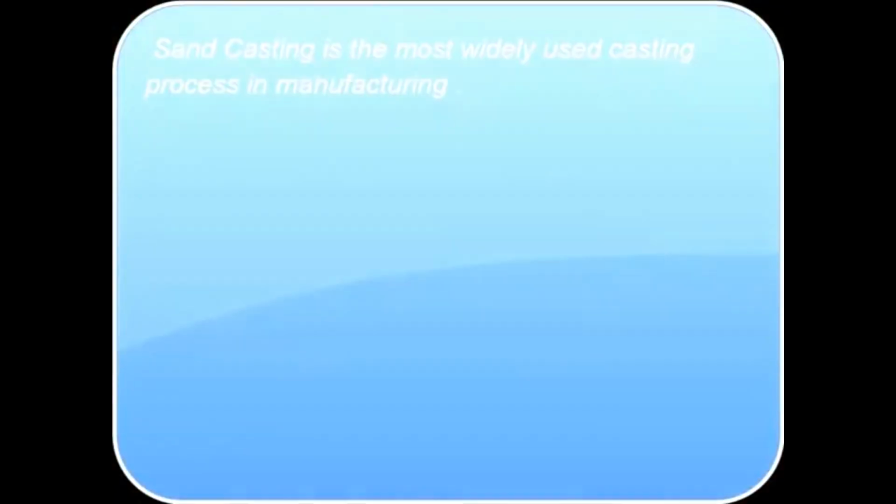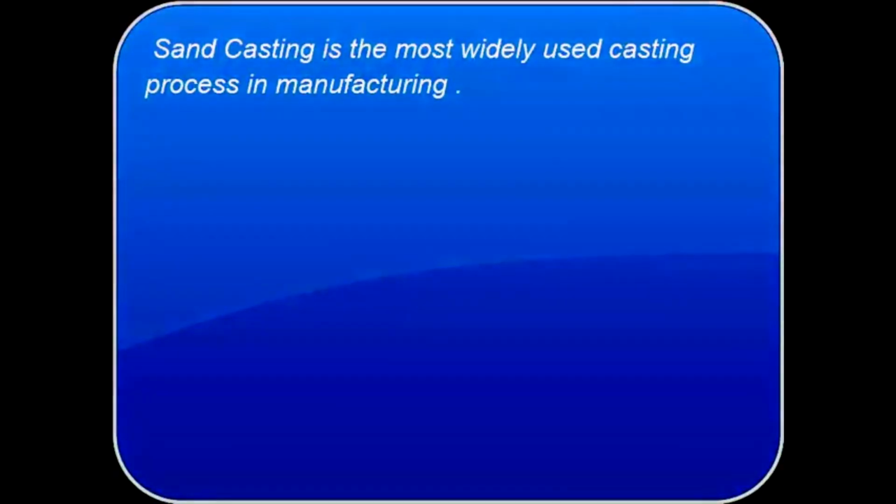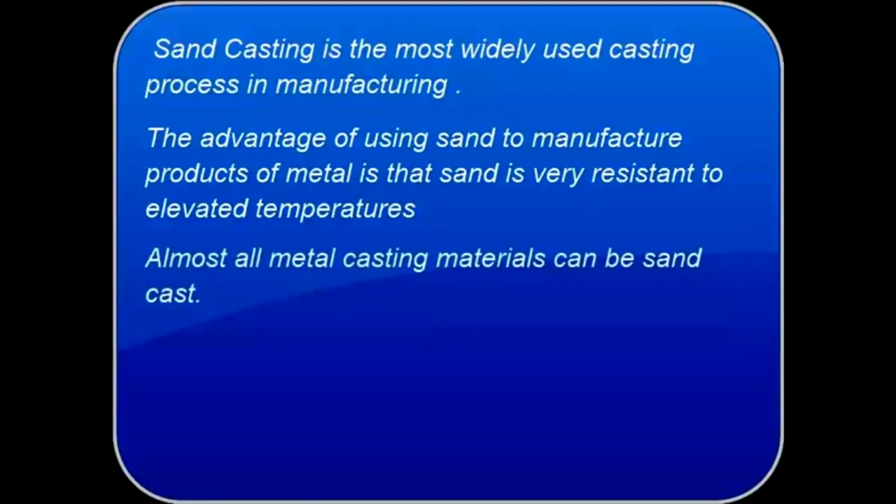Sand casting. Sand casting is the most widely used casting process in manufacturing. The advantage of using sand to manufacture products of metal is that sand is very resistant to elevated temperatures. Almost all metal casting materials can be sand cast.